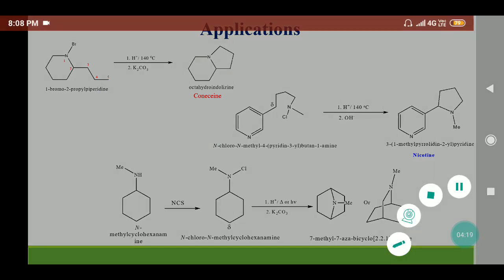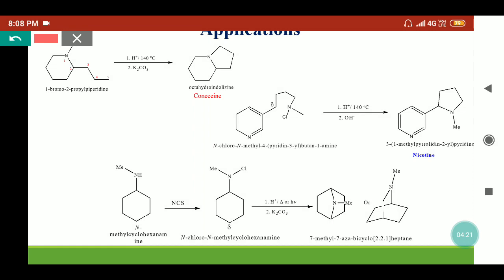First example, we have taken the 1-bromo-2-propyl piperidine. This molecule, first we have to identify, is this a Hofmann-Loeffler Freytag reaction? So nitrogen contains a halogen and our reaction condition is giving the H plus media with a hot condition followed by the basic workup. So it is a Hofmann-Loeffler Freytag reaction where the H plus will attack on the nitrogen and it will contain a positive charge.